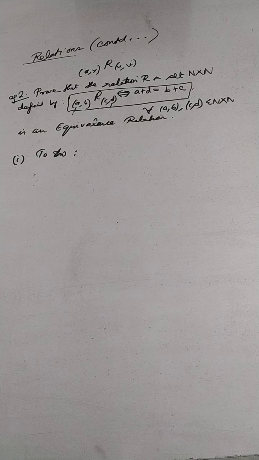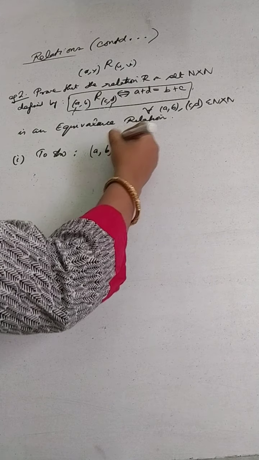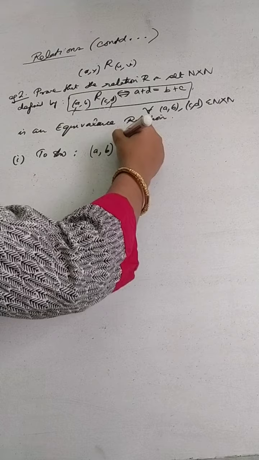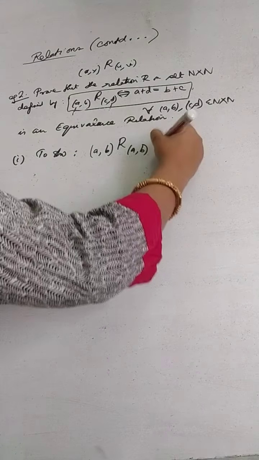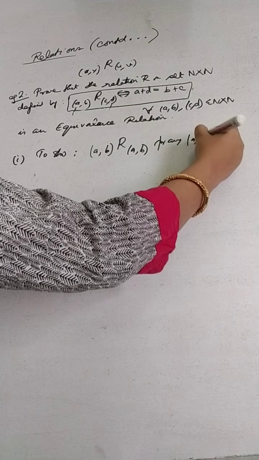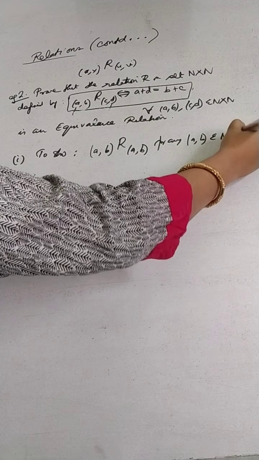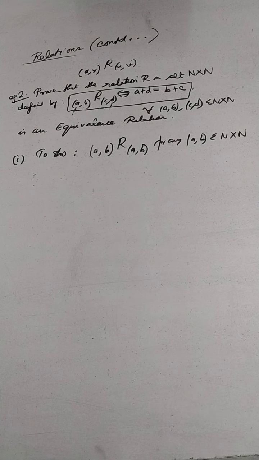You have to show that this relation, for whatever pairs I take, is an equivalence relation. So first thing is, I will show that it is a reflexive relation. That means I have to show that if I take a pair AB in the set N by N, then AB is related to AB, for any pair AB that I take from N cross N. So let me check what is RAB by the definition that is given.